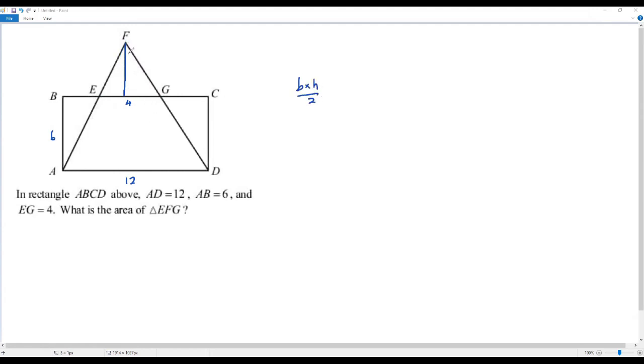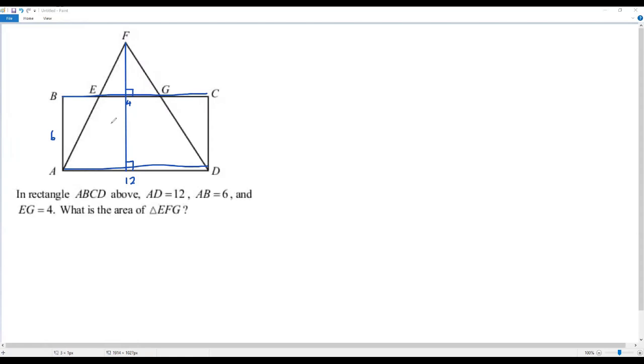How do we get the height of this triangle EFG? For that, we can draw a vertical line from the vertex F of the triangle to the side AD of the rectangle. Since it's a vertical line, it will intersect the sides BC and AD of the rectangle at right angles. Now let me consider the two sides of the rectangle, AD and BC.